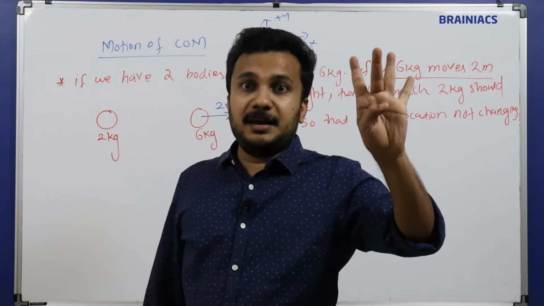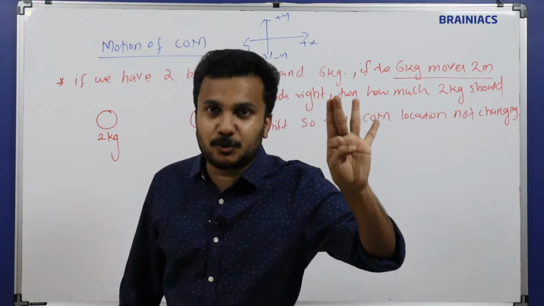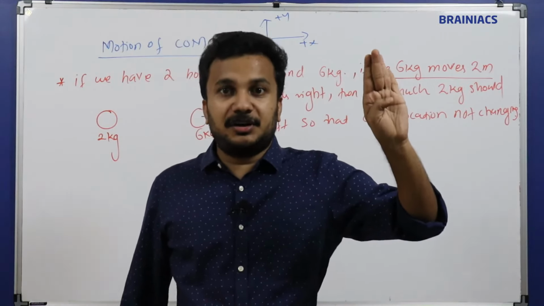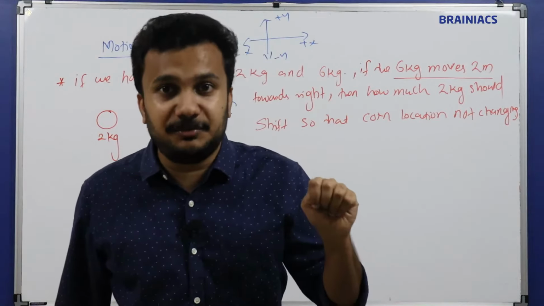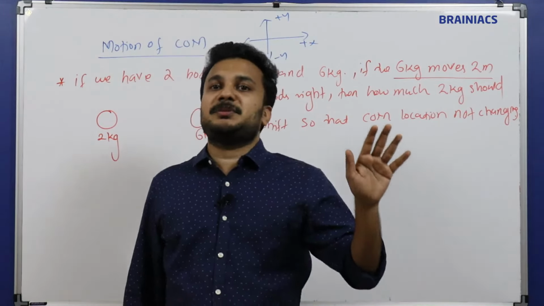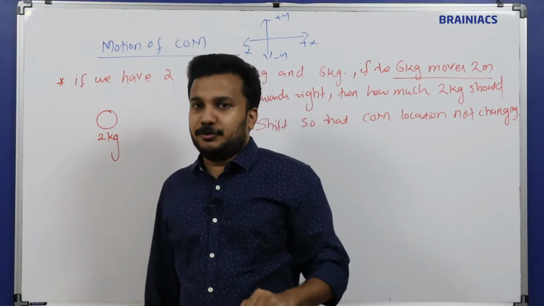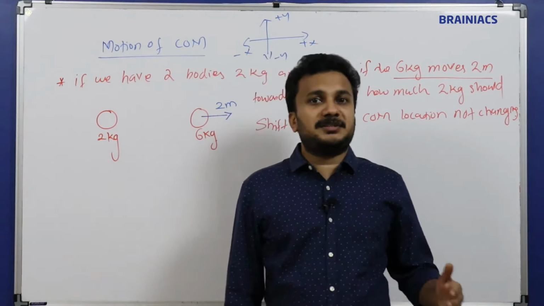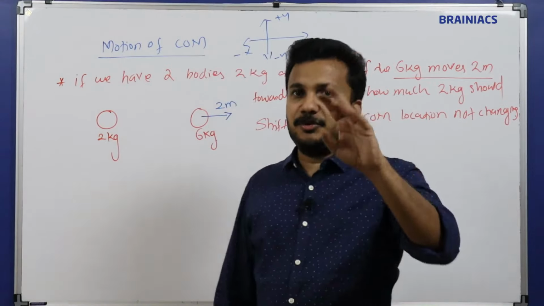Second formula: dR COM is equal to M1 dr1 plus M2 dr2 divided by M1 plus M2. Third formula: M1 V1 plus M2 V2 plus M3 V3 divided by M1 plus M2 plus M3, depending upon the bodies. The fourth formula is with respect to accelerations: M1 A1 plus M2 A2 plus M3 A3 divided by M1 plus M2 plus M3 for a 3 body system.